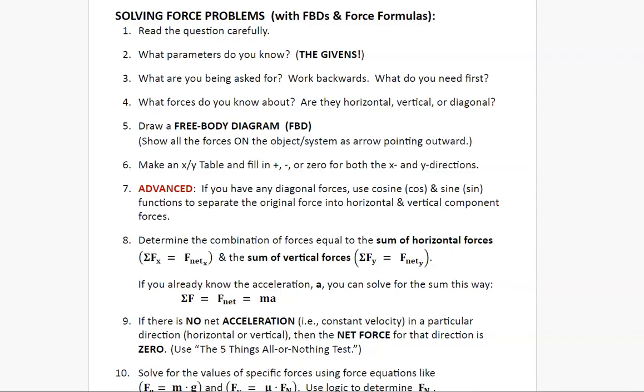Number 7 is advanced. As I mentioned, if you have any diagonal forces, you would use trigonometry to separate the original force into its component forces, but we're not going to worry about that.